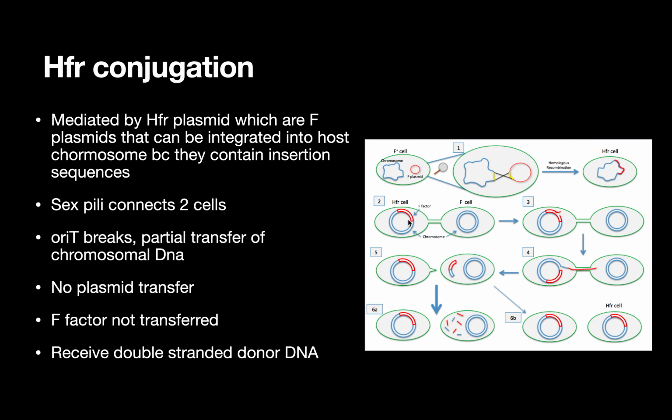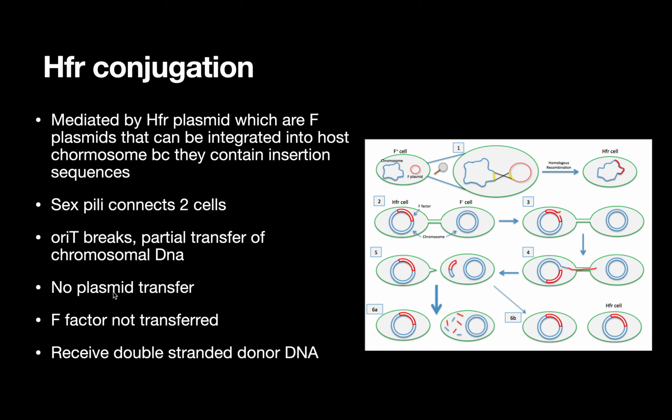So the episome is already in, then they have a connection with the sex pili, and it is going to be excised from the original and dumped into the daughter cell, or the second cell, using the sex pili. Thanks to this ORI-T enzyme, it's going to make the nick, transfer it over.